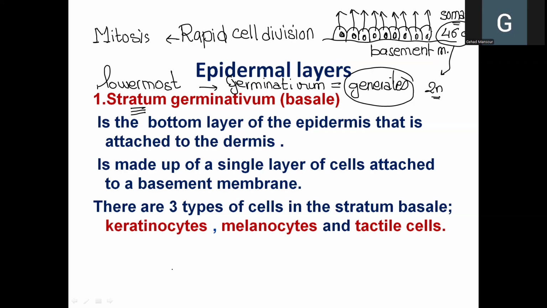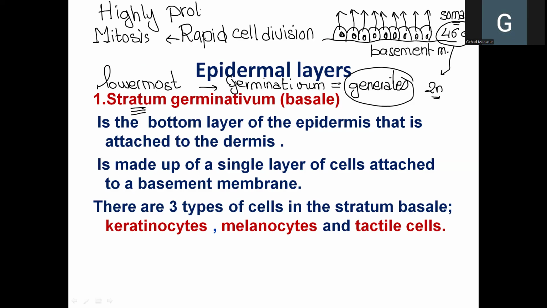So these cells, and any other cell that is responsible for generation of other cells, should be characterized by the ability of carrying out rapid cell division or mitosis. We can say this in another way: these cells are highly proliferative.